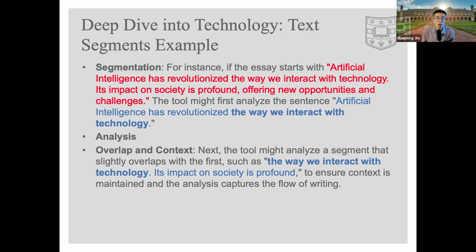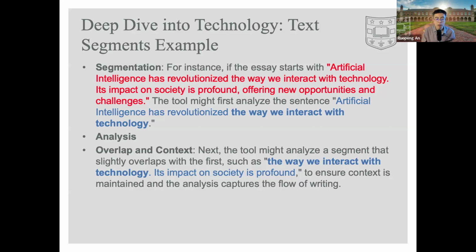You notice that they are overlapping, right? Because this is the way that the algorithm works, by considering overlapping structures. And then the third segment would probably be impact on society is profound, offering new opportunities and challenges, right?